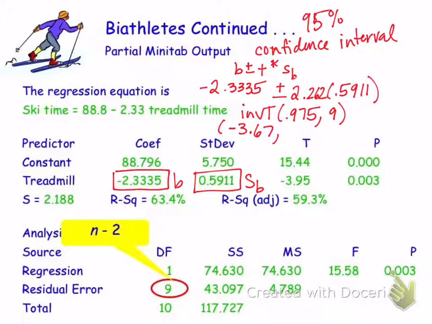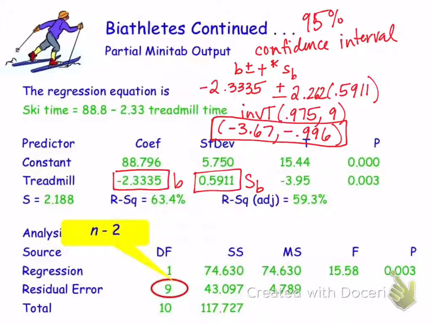And for my upper bound, I got negative 0.996. Zero is not contained. Good.